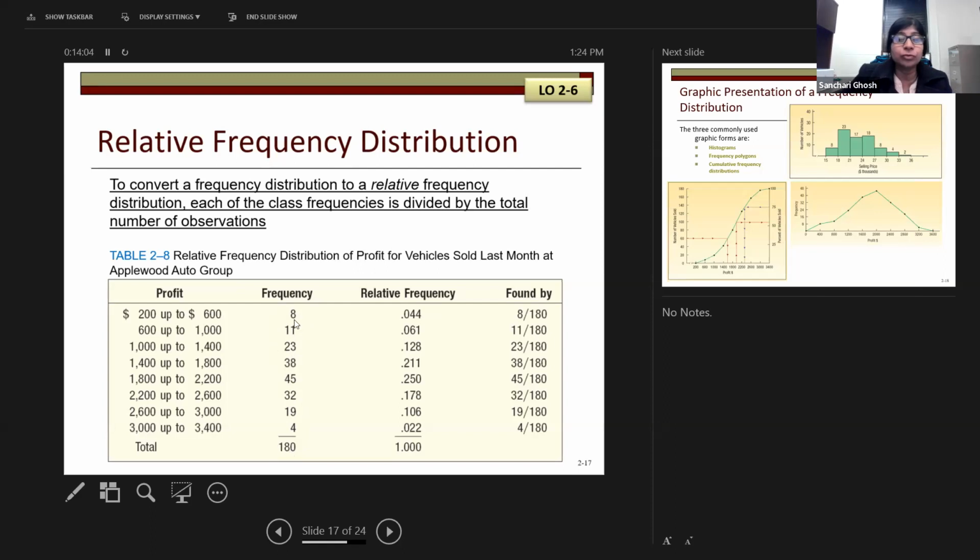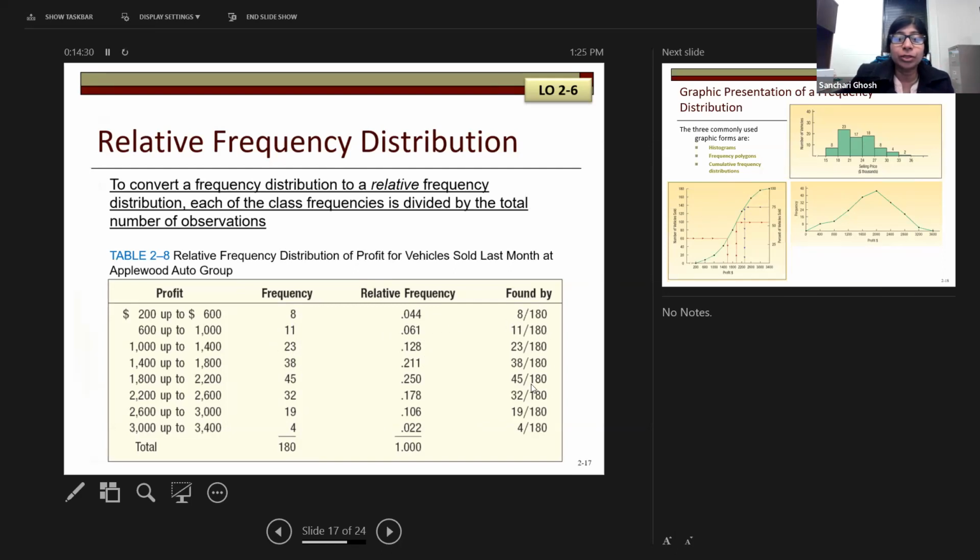And for each frequency, 8, you divide it by the total. 8 divided by 180, 11 divided by 180. These are basic things you can do very easily in Excel. And in the Excel video, you will see I show these with Excel formulas, and it's very easy to do. I might want to show you a few things today too in this video.